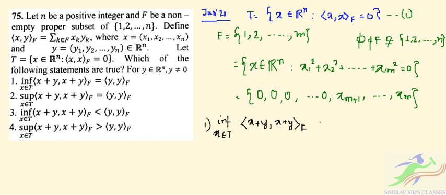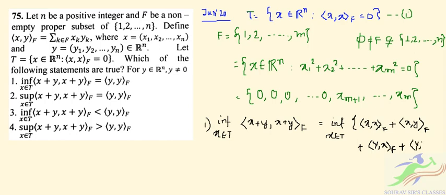It can be written as the inner product of x comma x, plus the inner product of x, y, plus the inner product of y, x, and the inner product of y, y.